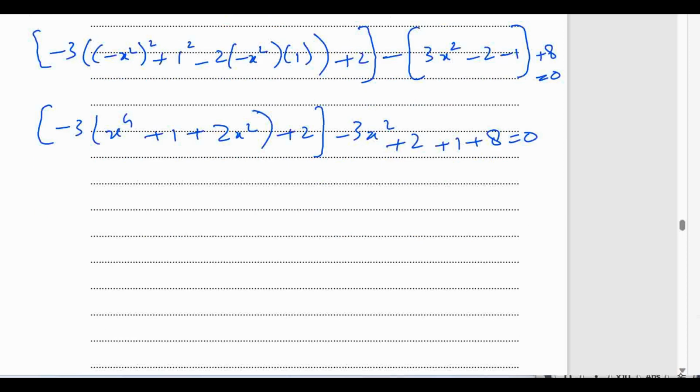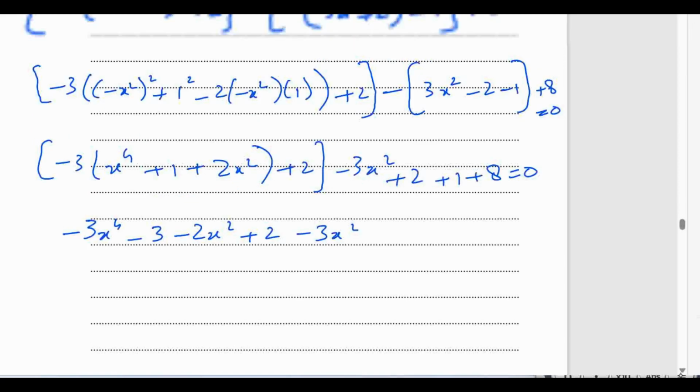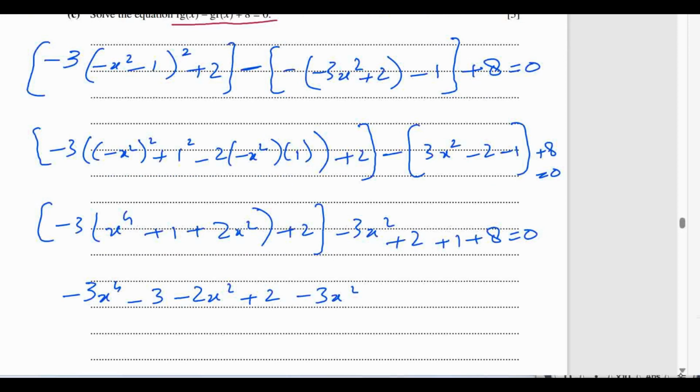Now the next one is -3x^4 minus 3 minus 2x square plus 2 minus 3x square. Now this will be, here, what was that?